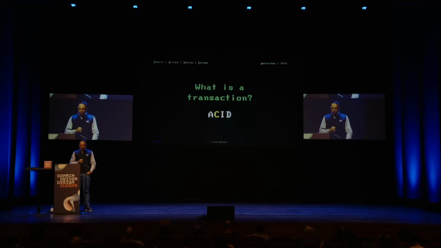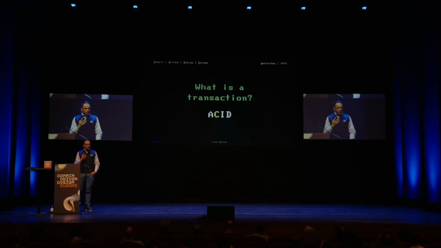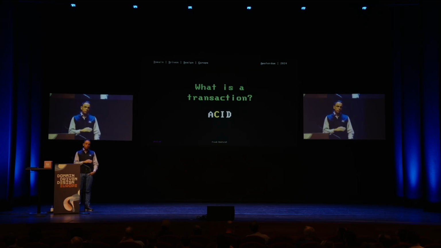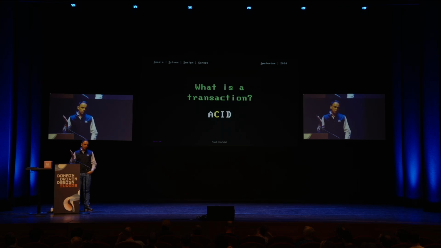And I have a question for you. How do you think the historical development went? Did we start with quite weak isolation levels and evolve to stronger and stronger guarantees until we reached serializability?